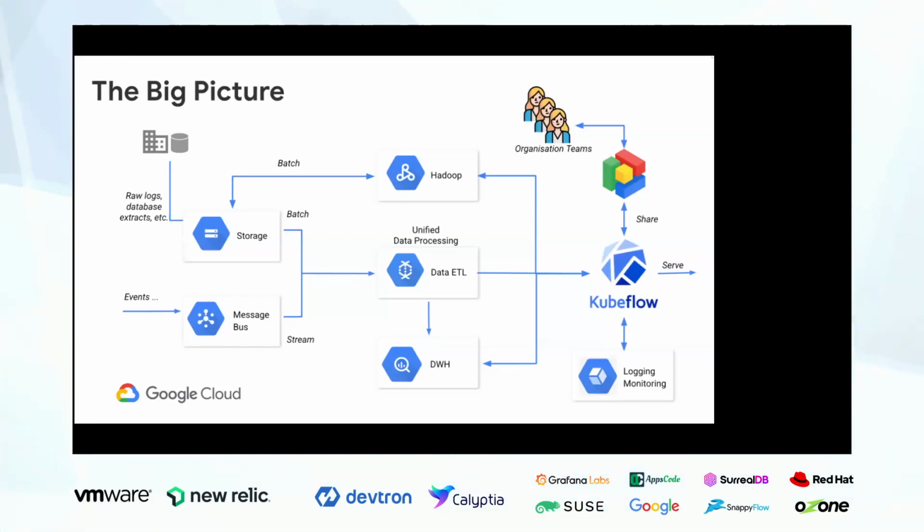And now from Kubeflow, you can then start reading this data from data warehouses or any other data sources, and train your model. And then you have logging and monitoring to have thorough control on your training workloads and your production workloads. And once you are satisfied with the model that you have trained so far, then you can go ahead and start serving it.